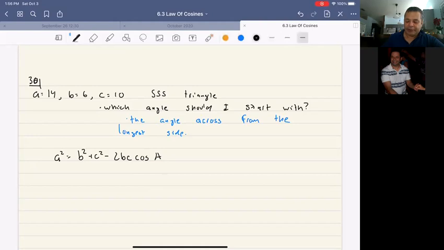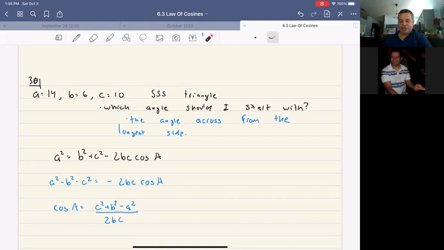I'm going to solve for cosine of A. So a squared minus b squared minus c squared equals negative 2bc cosine A. And so cosine of A equals c squared plus b squared minus a squared divided by 2bc. The signs changed because I have this negative here, right? So when I move this and divide by it, I'm going to flip the signs on the numerator as well.